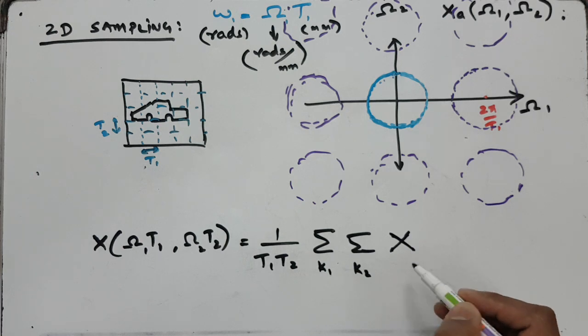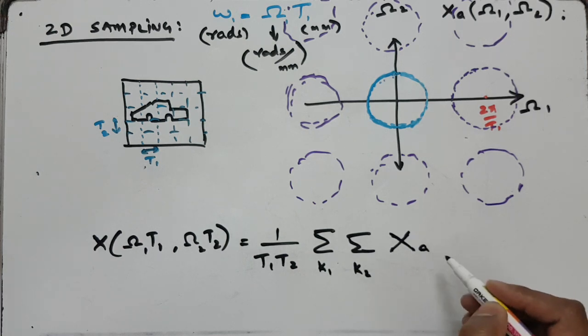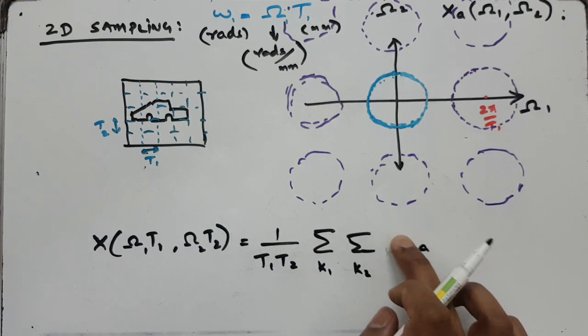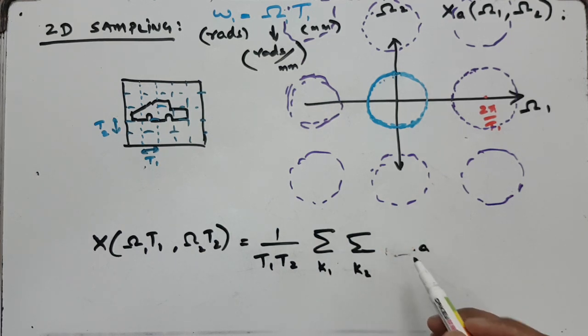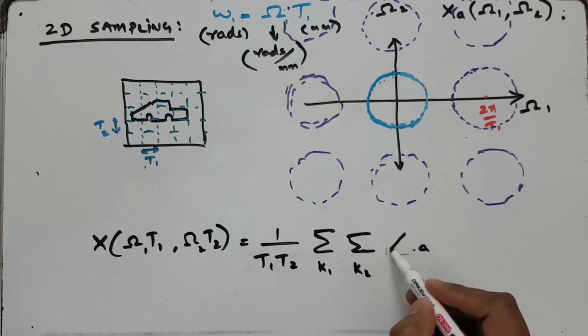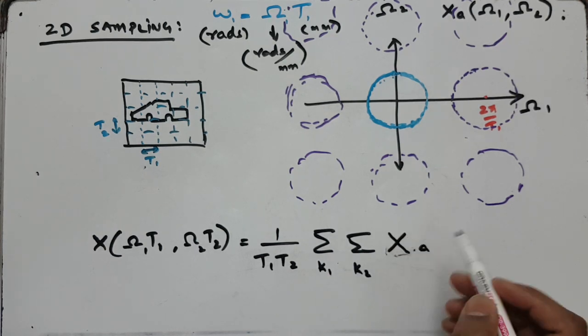So the transform is given by Xa. I think I should use small. Okay, this is not small, it is actually capital XA.